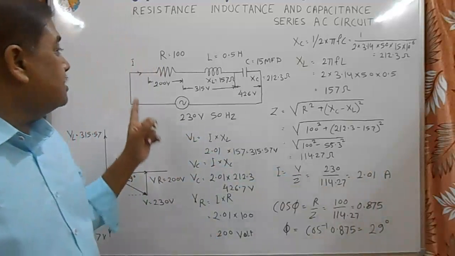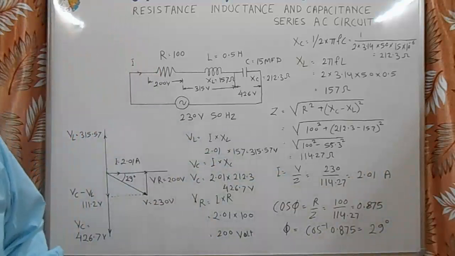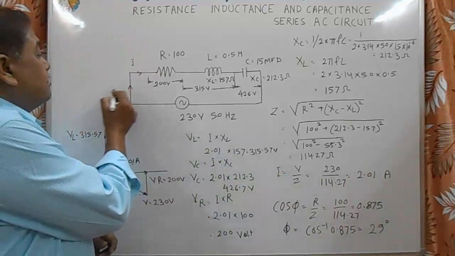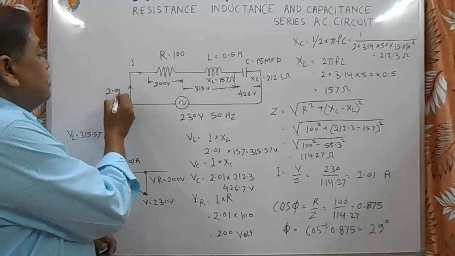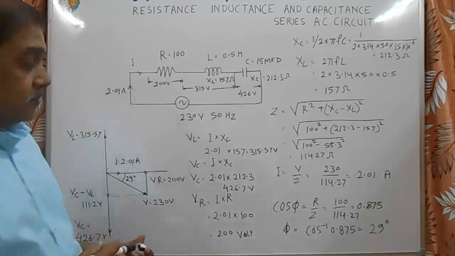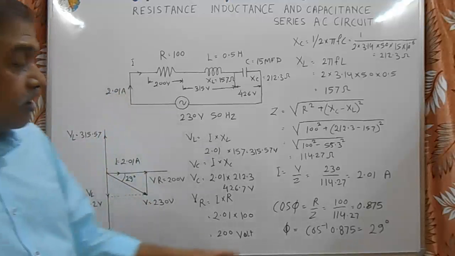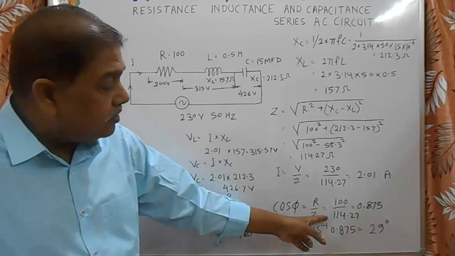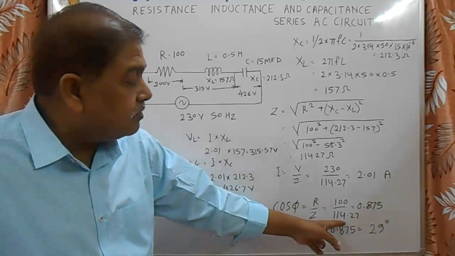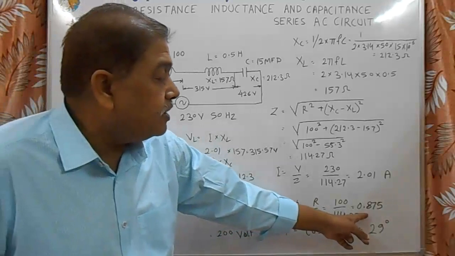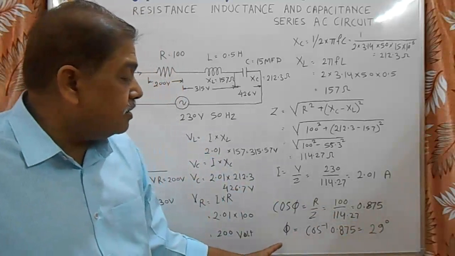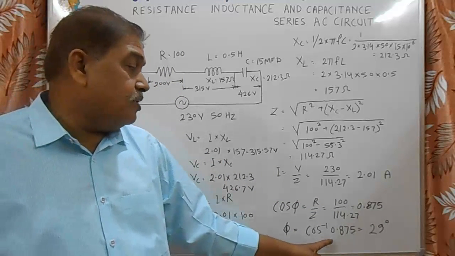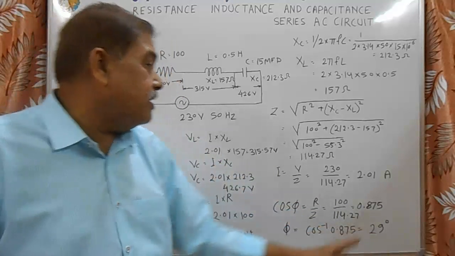Means in this circuit, the current flowing will be 2.01 ampere. Again, cos phi is equal to R by Z, which is 100 upon 114.27, equal to 0.875. So phi, the angle between voltage and current, is equal to cos inverse 0.875, which is 29 degrees.